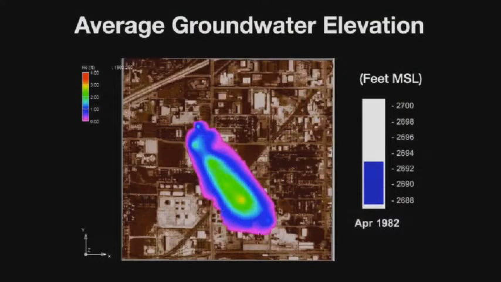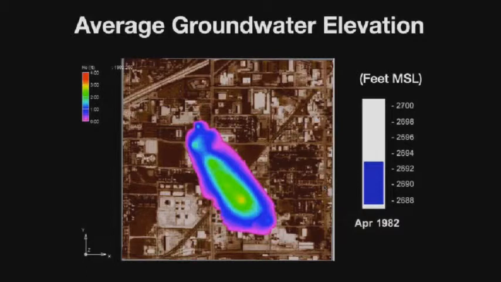Now we have an interesting view here for you to understand, or actually this is more to motivate you to understand the concepts that we're going to use in this class. What we have here is a free phase plume at an old refinery.